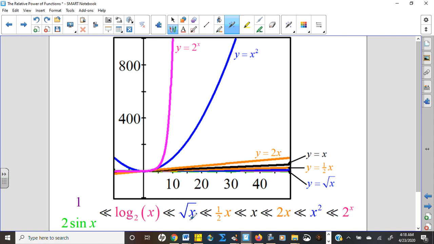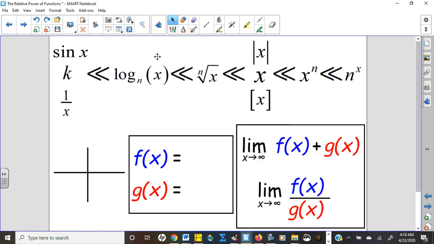If you do understand who's more powerful than who, it makes evaluating things like end behavior so much easier. Let's say the two functions I was comparing were log of x, which we know is pretty weak, and x, which isn't that special, is it? X seems to be a pretty weak graph.